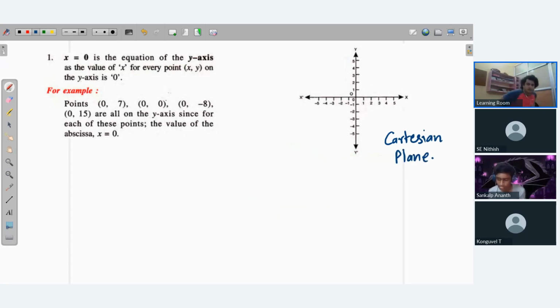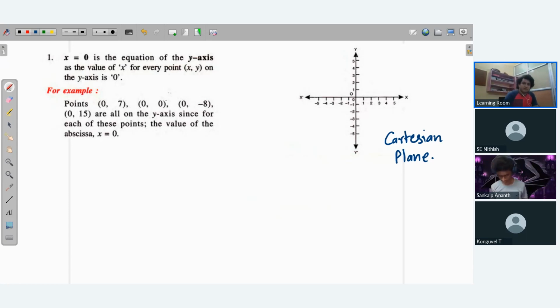Now we are going to talk about linear equations and the Cartesian plane together in successive stages, starting from the basic one. You see two lines: one is the x-axis and one is the y-axis.